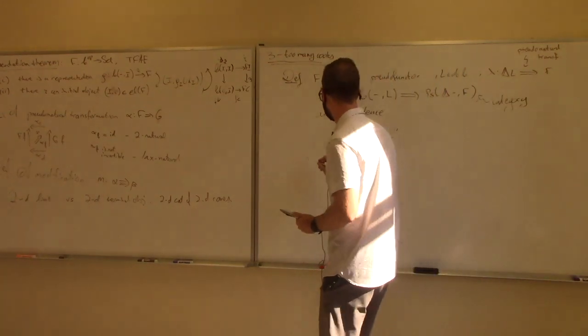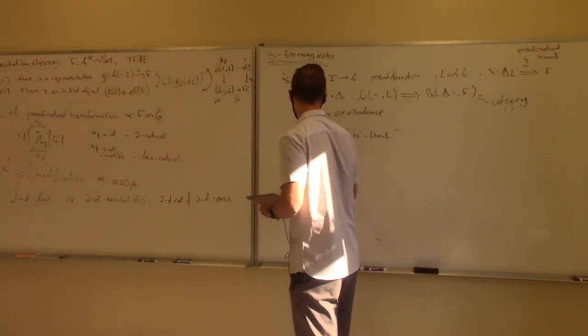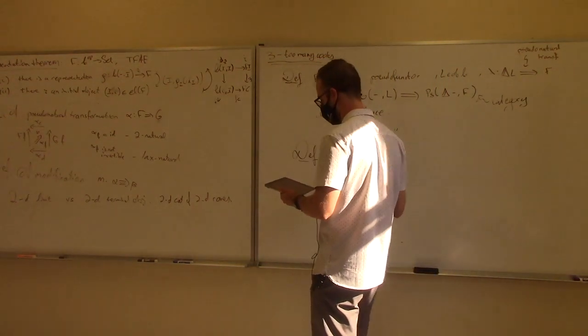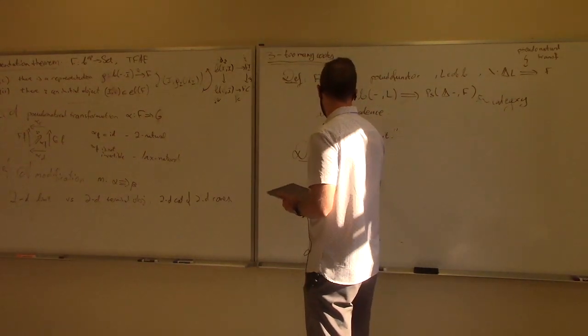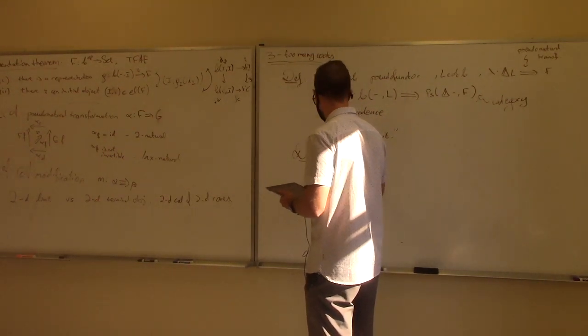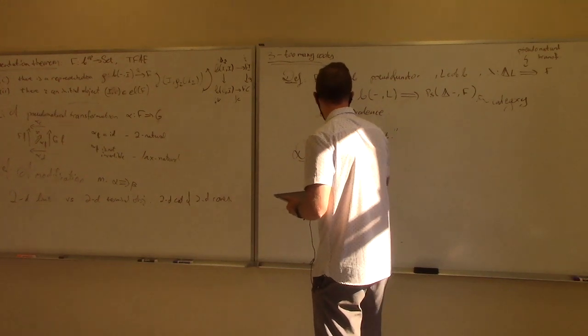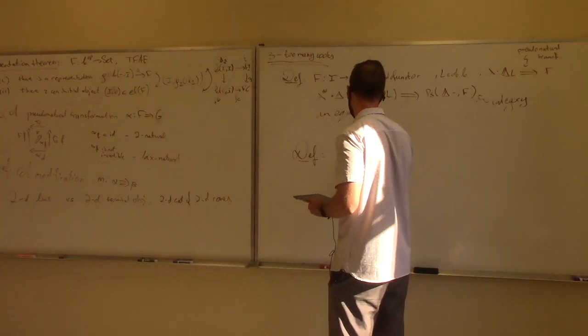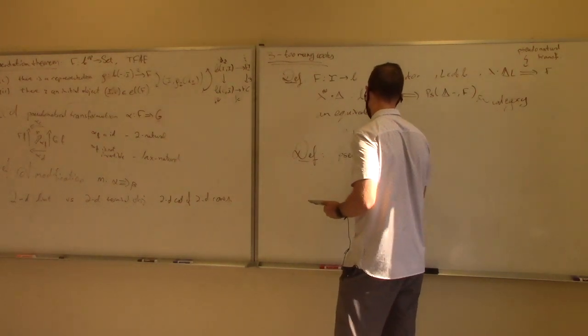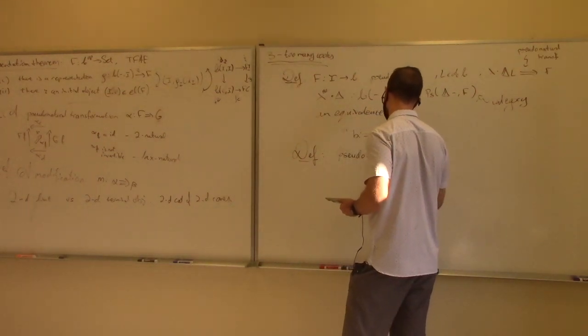Well, we can do it in analogy with the stuff we've done before. So one thing that I might say is, this doesn't, to my knowledge, have a name in the literature, so I'm just going to call it pseudoterminal for the time being.